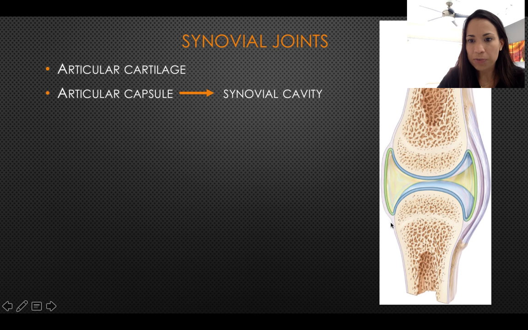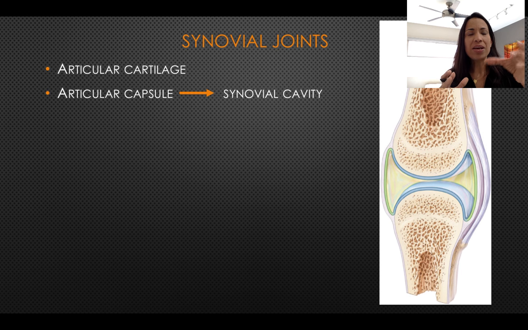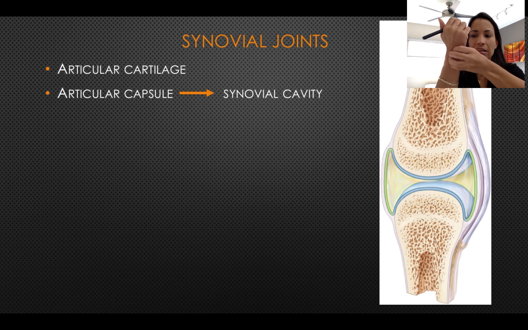This articular capsule is a structure. I don't know why I always think about a tennis ball. But just imagine that you're grabbing a tennis ball and you cut it in two. And that tennis ball is the one, let's place it in here, that is going to keep these bones together.